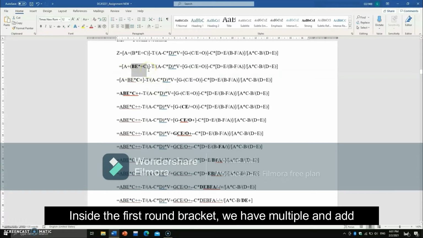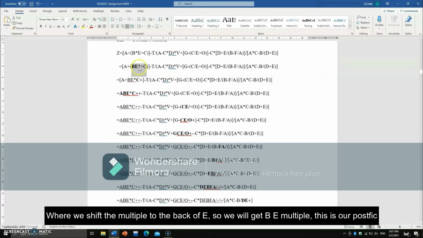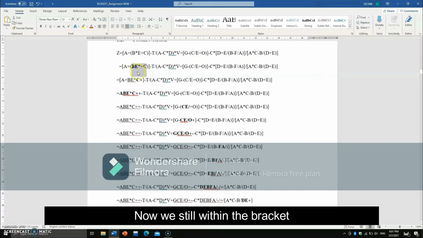the square bracket. Inside the first round bracket, we have multiply and add. Therefore, we will perform the multiply first. So B multiply E. Multiply is our operator, where we shift the multiply to the back of E, so we will get BE multiply. This is our postfix.